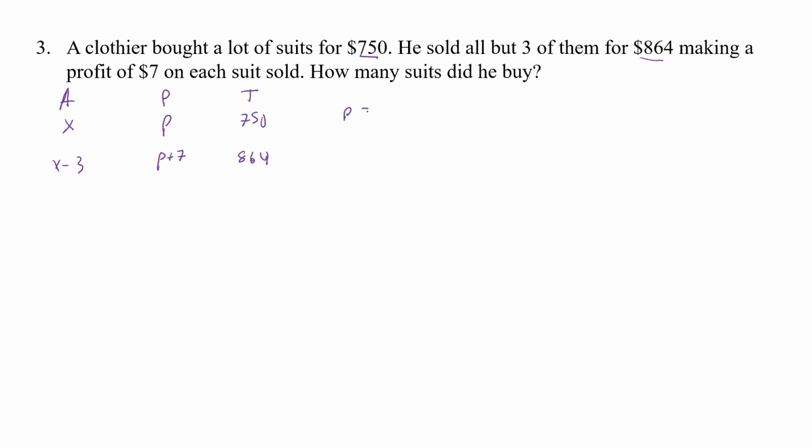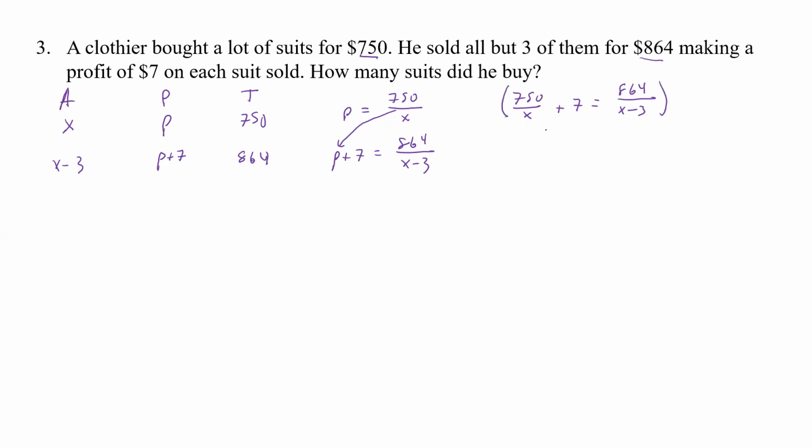And so P is equal to 750 over X, and P plus 7 is equal to 864 over X minus 3. Now again, we get to plug this in here, and so we get 750 over X plus 7 equals our 864 over X minus 3.